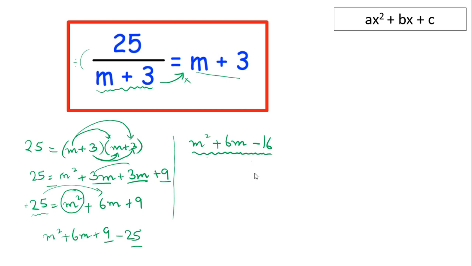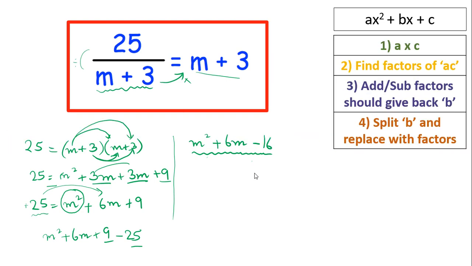Now, in order to figure this out using the zero factor property, I need to follow the specific steps that I already told in my earlier videos. So the first step is a times c. First of all, in this quadratic equation, you need to figure out what's my a, b, c. As you can see in the general formula, it starts with ax squared, and here I have m squared. There's nothing attached here, which means it's an invisible one.